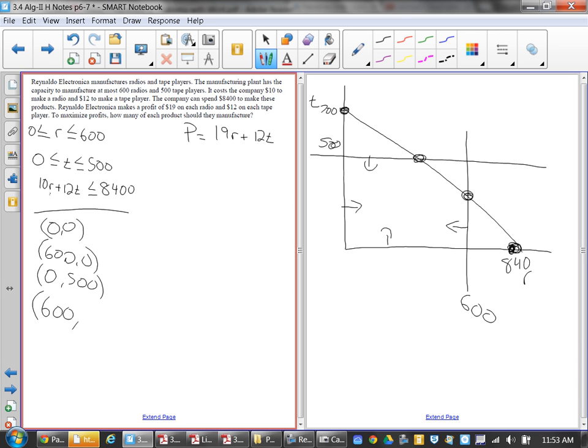See? You can do mental math. Try it again. What is 500 times 12? 6,000. What's 8,400 minus 6,000? 2,400. What's 2,400 divided by 10? 240.